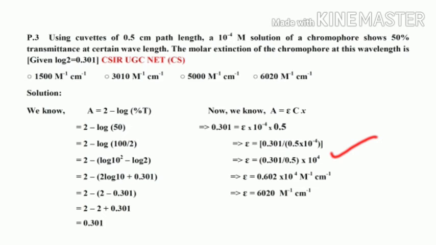This implies epsilon is equal to 0.301 divided by 0.5 into 10 to the power 4, and it is equal to 0.602 into 10 to the power 4 molar inverse centimeter inverse, and on simplifying it, we get epsilon is equal to 6020 molar inverse centimeter inverse. So that means the option D is the right answer.